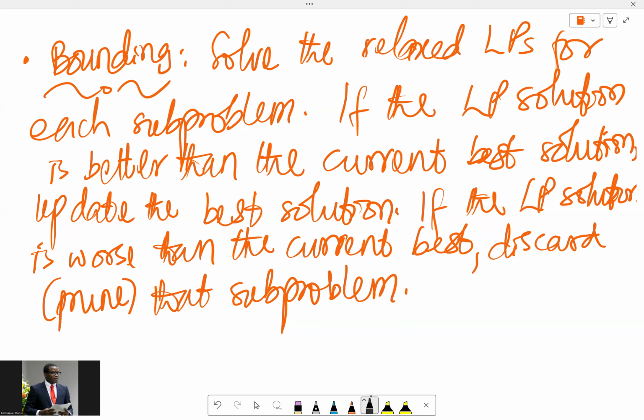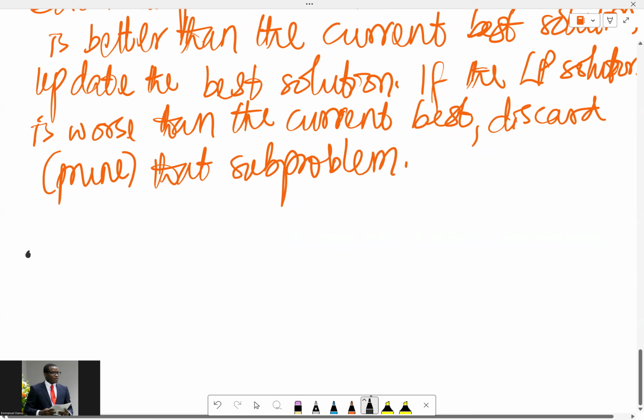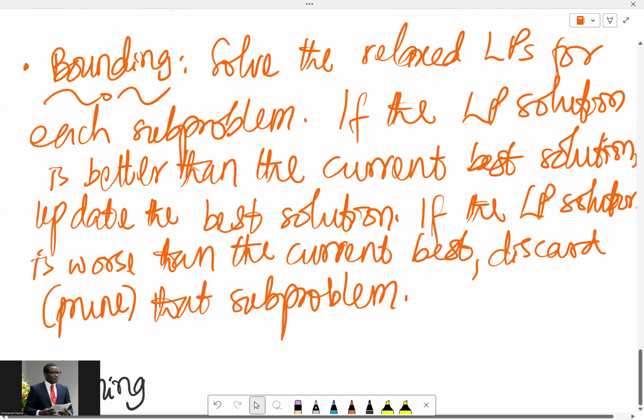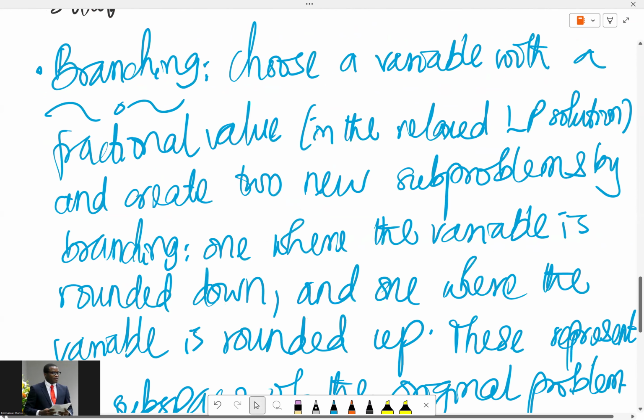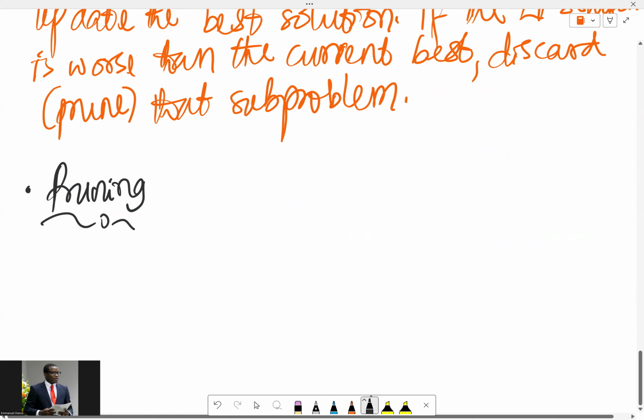And then that leads us to the idea of pruning. So initialization, branching, bounding, pruning is the next.